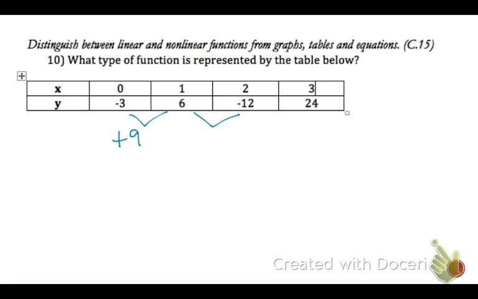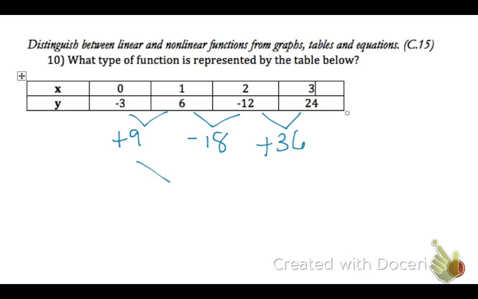And here, I need to subtract 18 to get from 6 to negative 12. And here, I need to add 36. So that's clearly not a linear pattern.